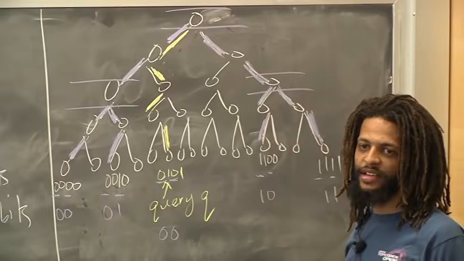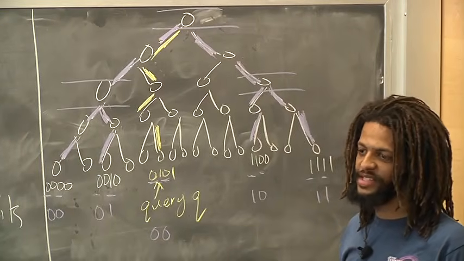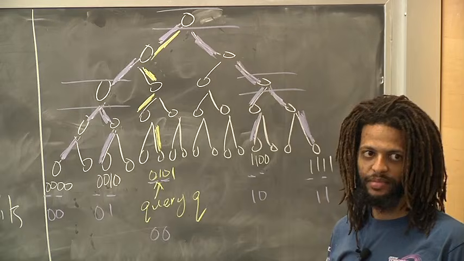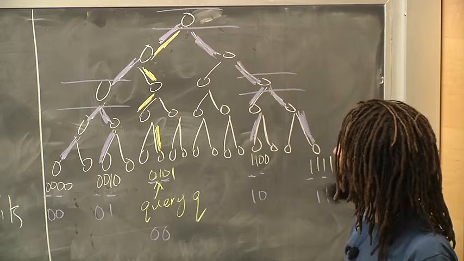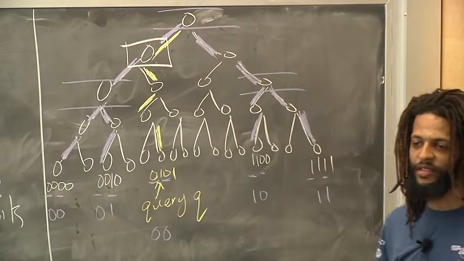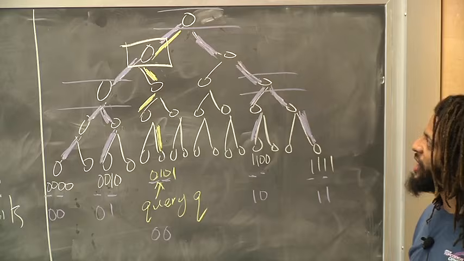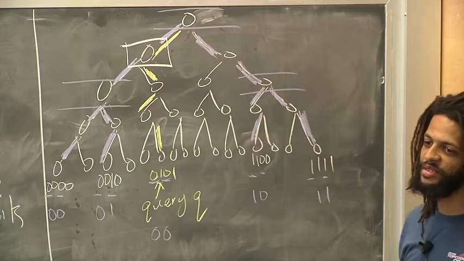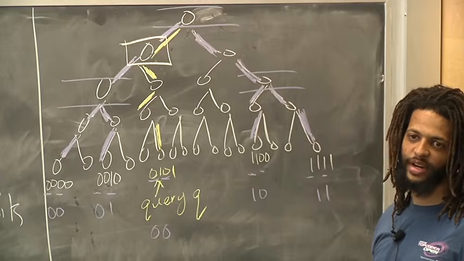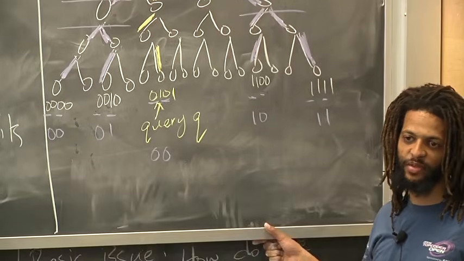I mean things went wrong because we weren't storing a branch bit that we really should have been storing. And that's right here. Up until that point, the branch bits we were storing, namely this one, were keeping us on the right track. But then Q branched somewhere where we didn't keep information.